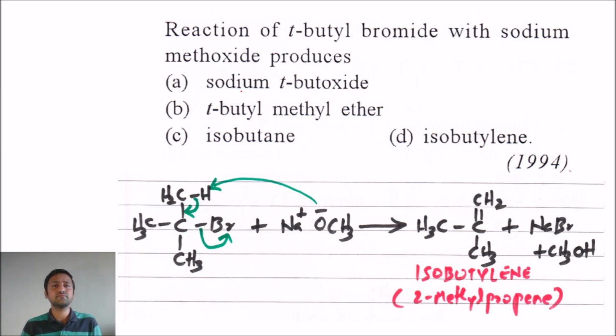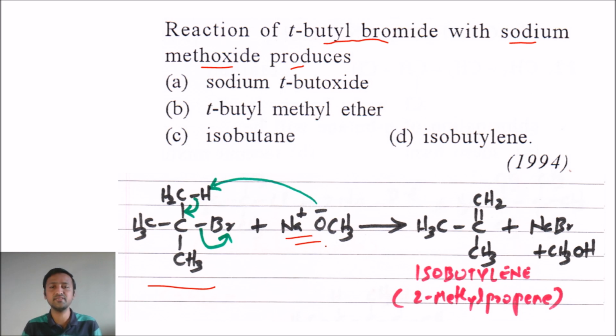Okay, next question. Reaction of tertiary butyl bromide with sodium methoxide produces, right? So this is the reaction between tertiary butyl bromide and sodium methoxide. You can see sodium methoxide is an electrolyte, so it will be in the form of two ions, right?